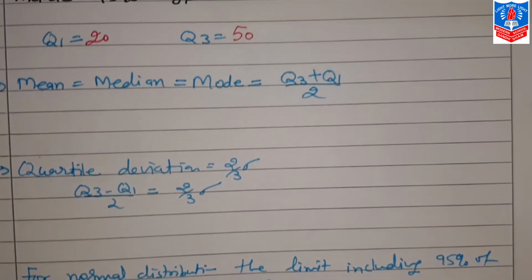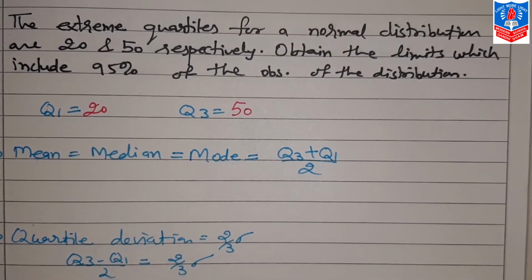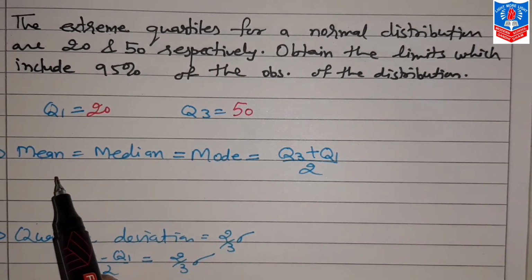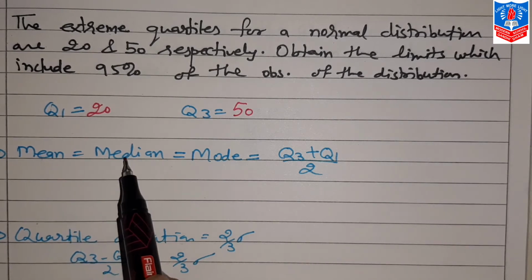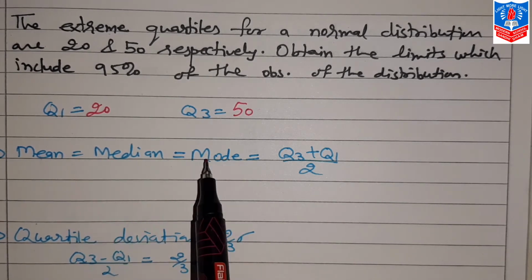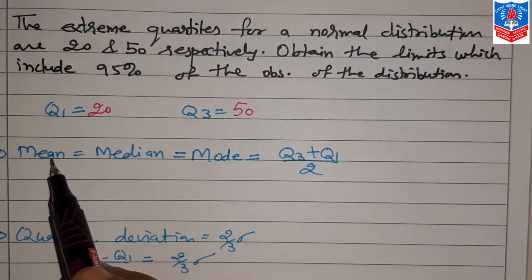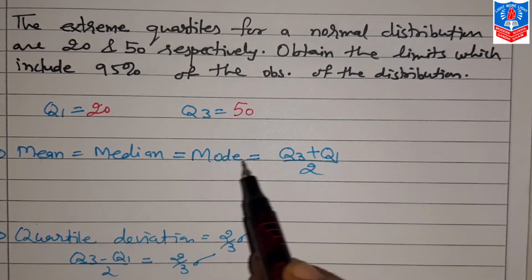Now how do we find these with the help of the two values given in your question, Q1 and Q3? If you remember, one of the characteristics we did is that mean, median and mode are the same in a normal distribution. How do we find this?